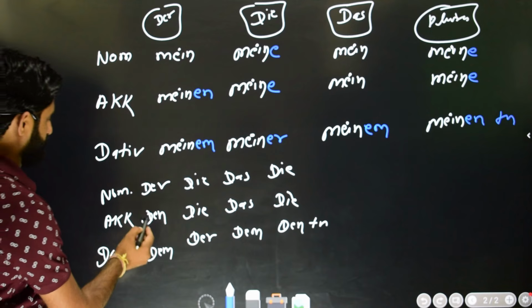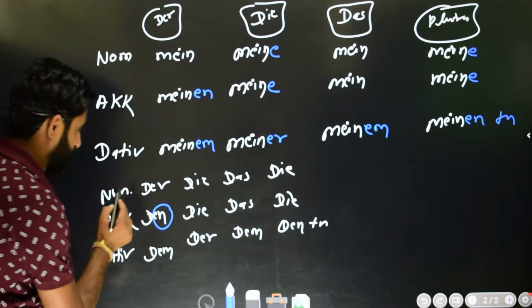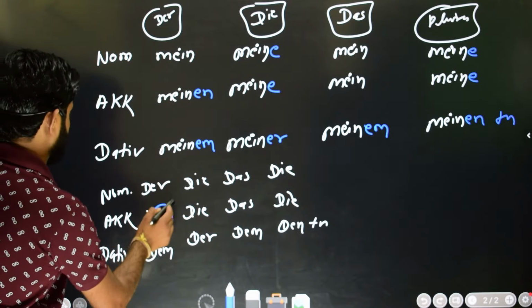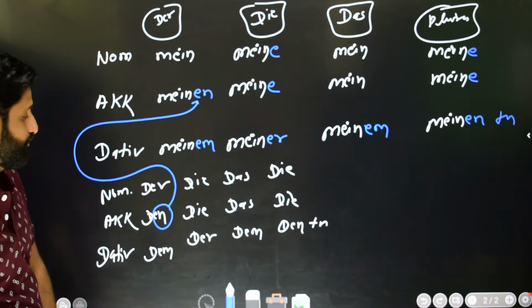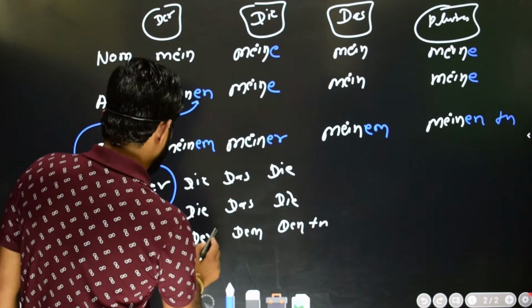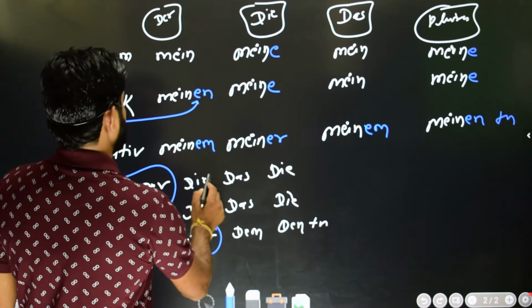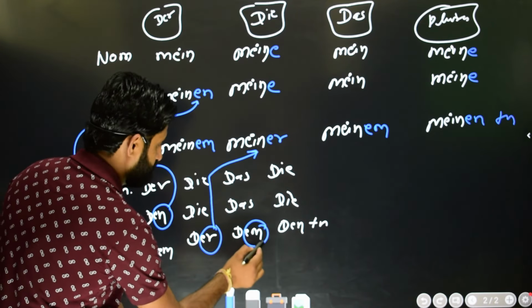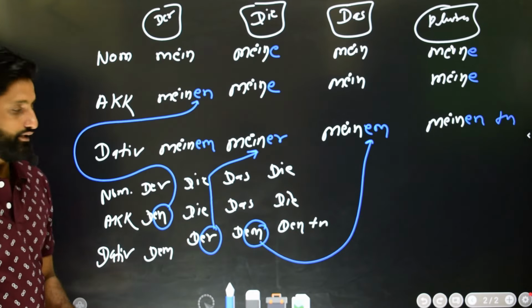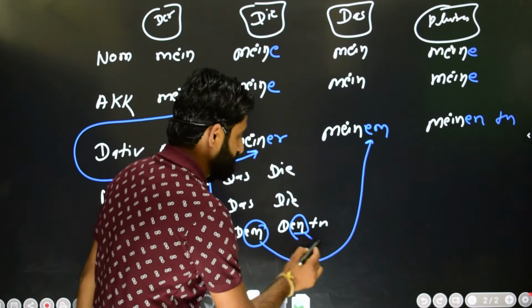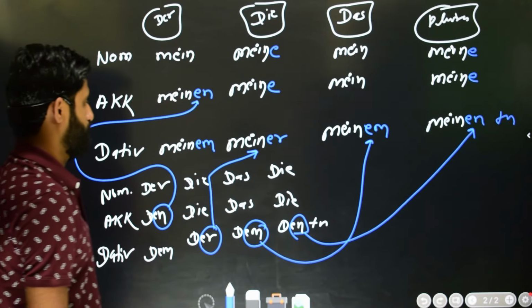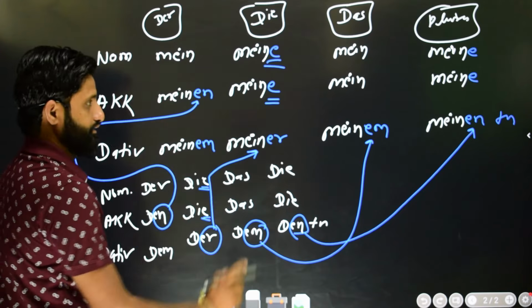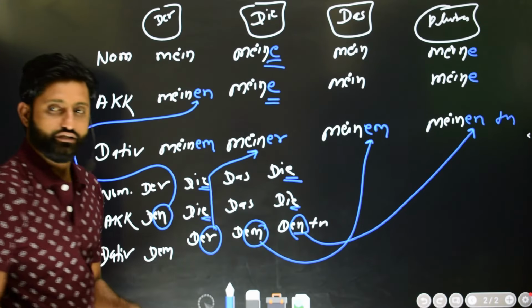Now you can see the ending of the accusative masculine article is en, and I added here en only. Same for die, er. So for dative it is er. Here it is em, that is the reason I added here em. Here it is en plus n, same I have added over here. For the die article you can see e, that is the reason I have added here e. For plural as well, the e ending.